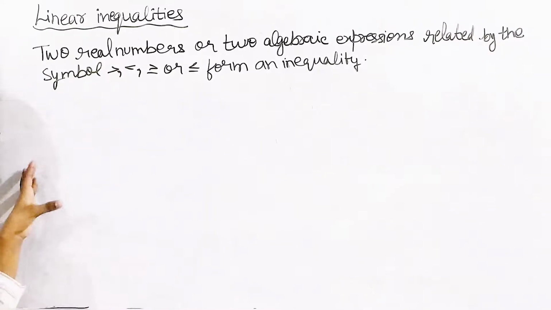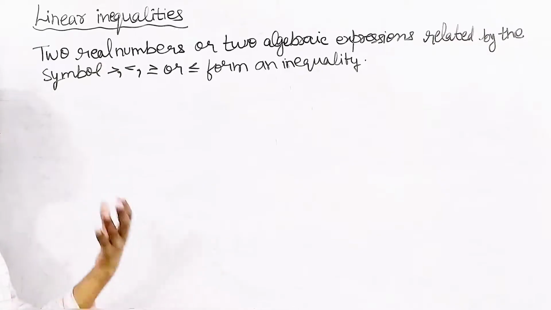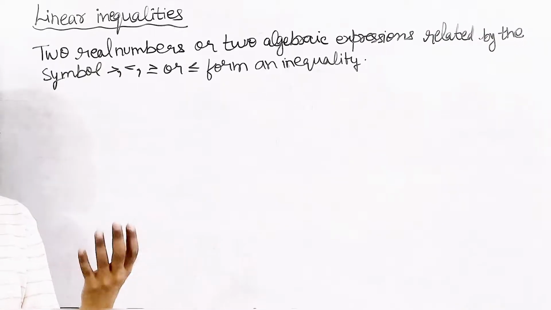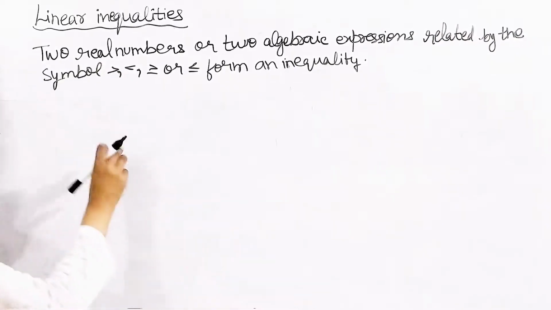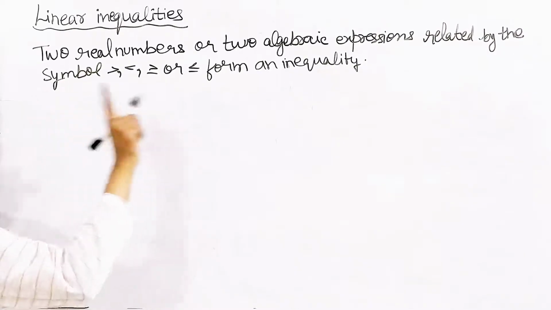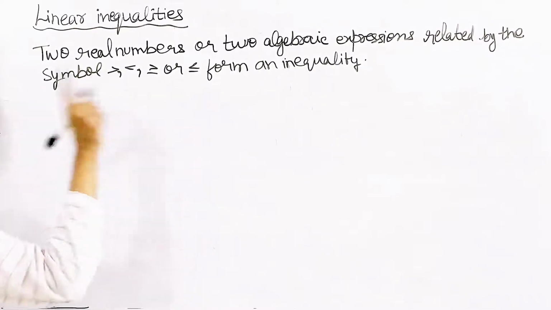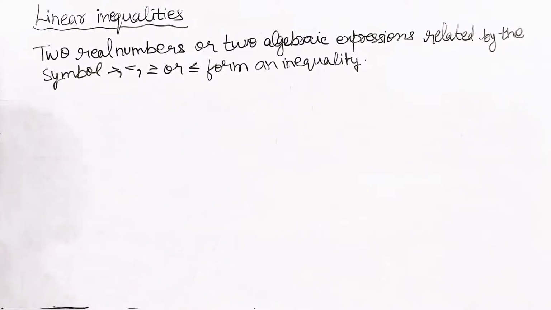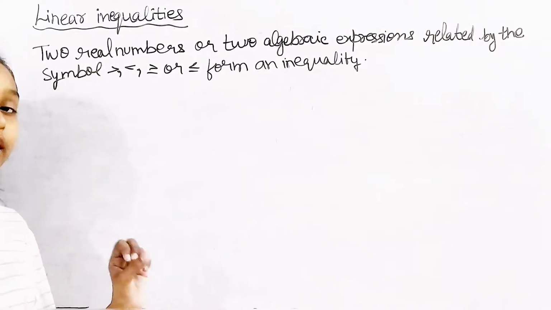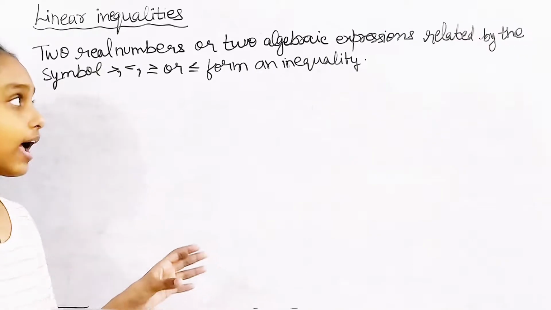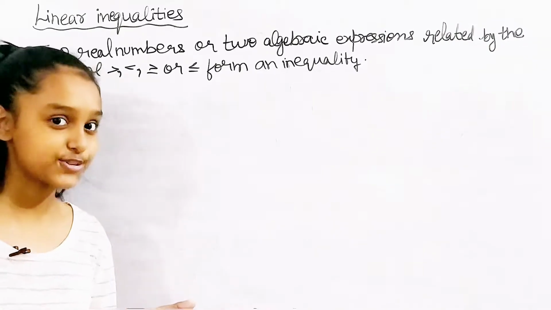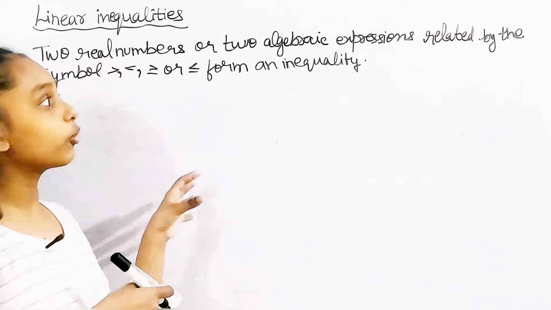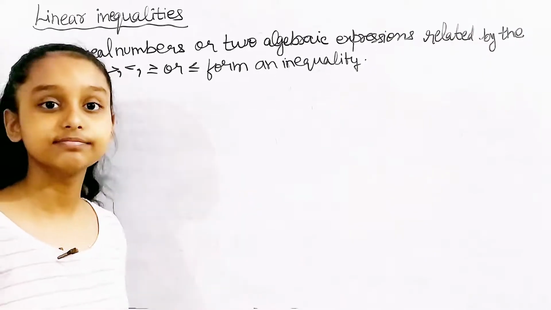Numerical, related to the numbers. Numeral, numbers, numericals. All these are related to one thing, which I've already said, the numbers. So it is numerical inequalities. This numeral is a little confusing, and I actually said it wrong. It's not numeral, it's numerical.